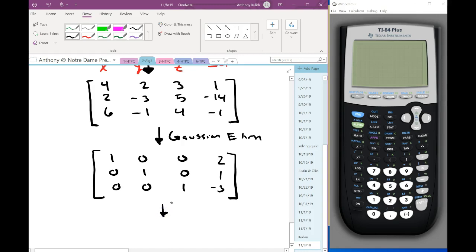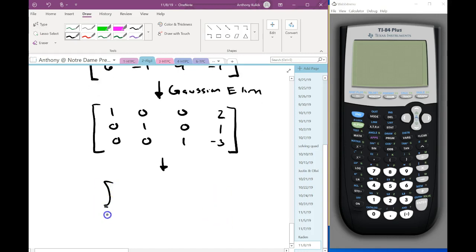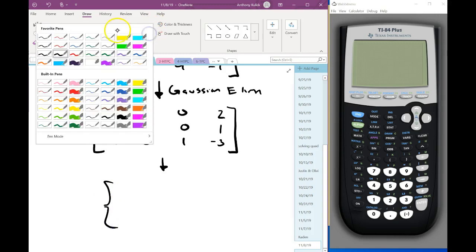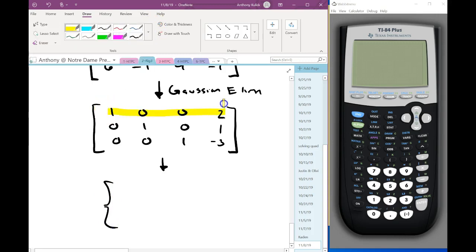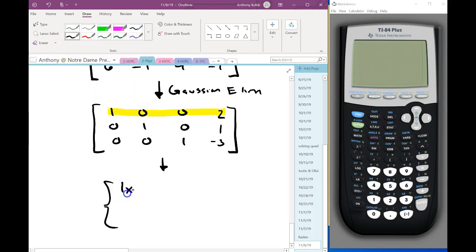So if I rewrite this back as a system, if I look at the first row of my matrix, what's that saying? It's saying that 1x plus 0y plus 0z is equal to 2.